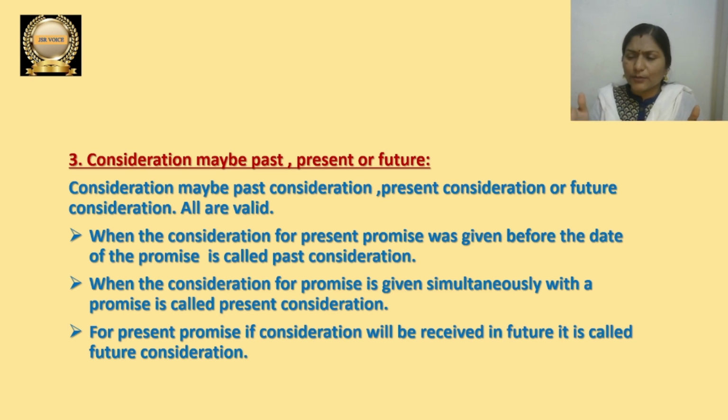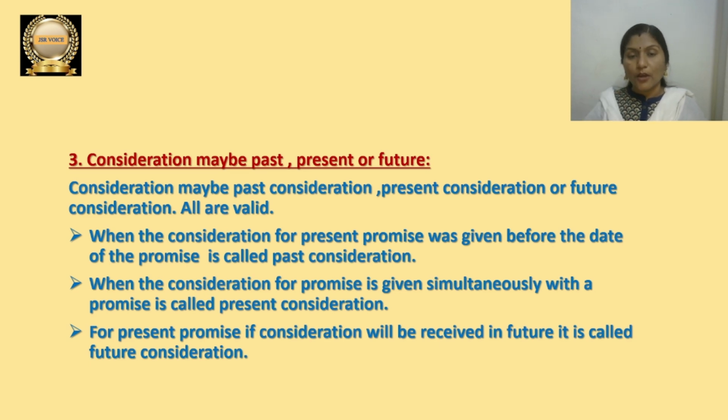And let us discuss what is present consideration. Present consideration means promise as well as consideration are both done simultaneously, then we can call it a present consideration. Okay, so one party is promising and that party is performing, and consideration also moves simultaneously from one person to another person, then we can call it a present consideration.